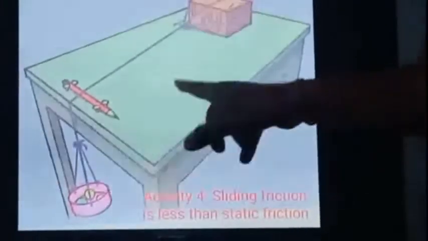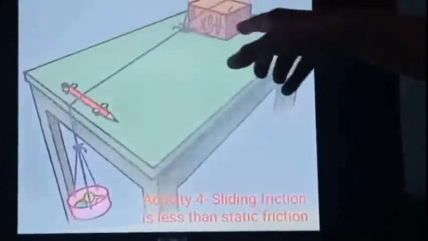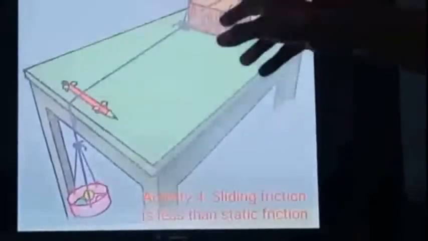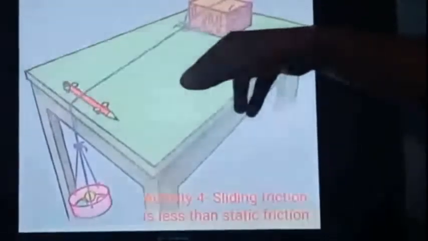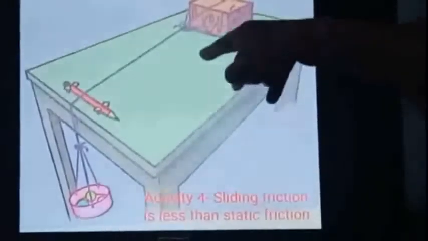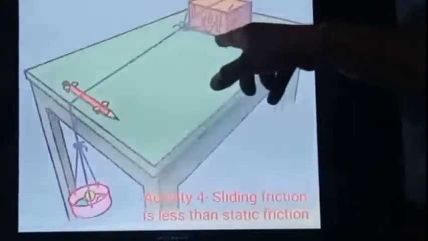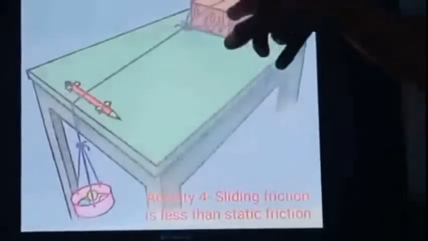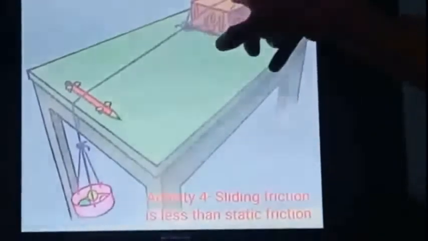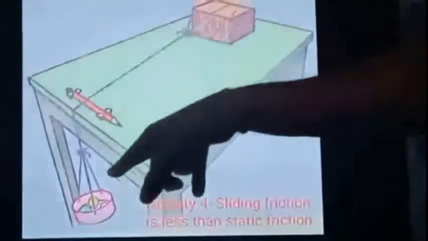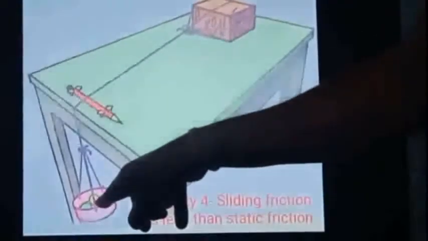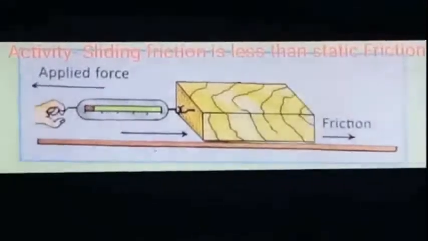It shows that when the wooden block starts moving, it requires less force, but at the start it requires more force. So at the start we add more marbles, but when the wooden block is moving, there is a requirement of less force, so we add fewer marbles.